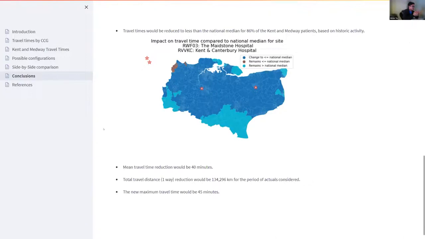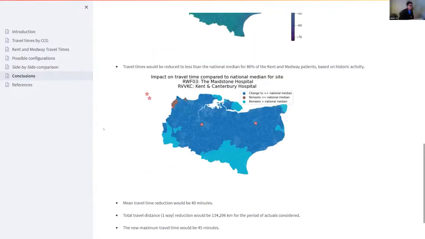And now we have a mean travel time reduction of around 40 minutes. The total travel distance reduction will be around 135 kilometers. And the new maximum travel time is now down to 45 minutes. So there is a slight change for having 2 additional sites, but we've shown that even with just one single new site, that's already quite a significant factor in our metrics, which we had a look at.